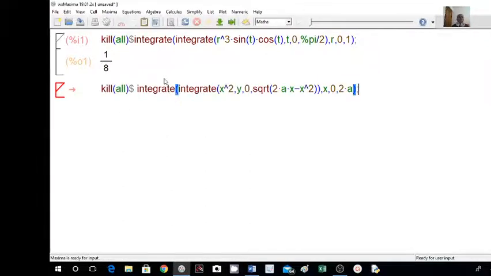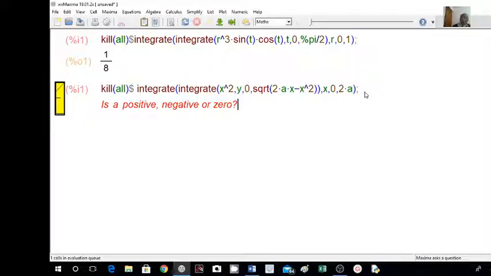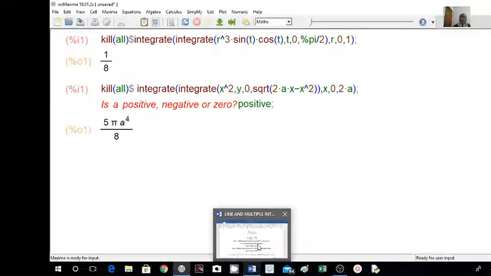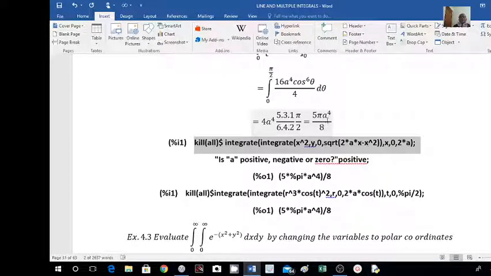Control T, kill all, integrate x square, y ranges from 0 to root of 2ax minus x square, and x ranges from 0 to 2a. If I execute this one, it asks whether a is positive or negative. I will type positive, and again shift enter. Yes, 5 pi a raised to 4 by 8. This is in the Cartesian form itself.